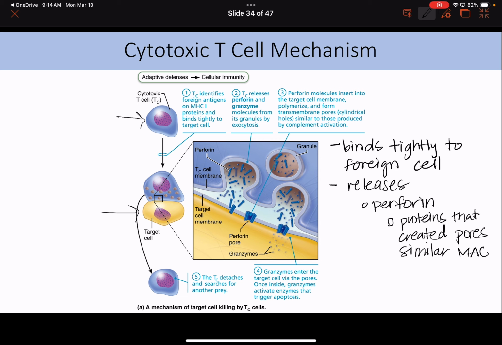And they also release a chemical or an enzyme called granzymes. And these are going to trigger apoptosis of the target cell.